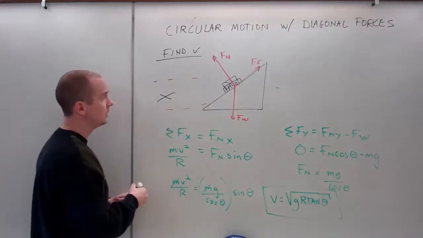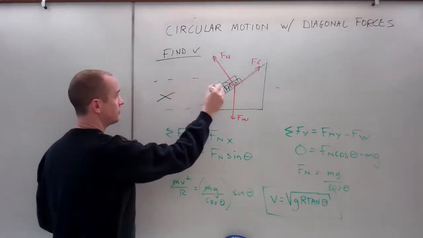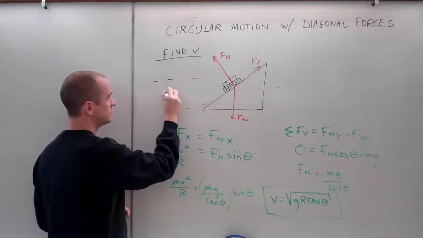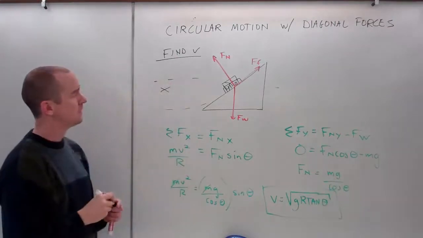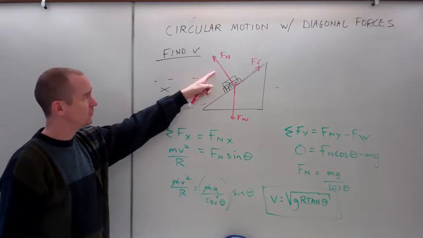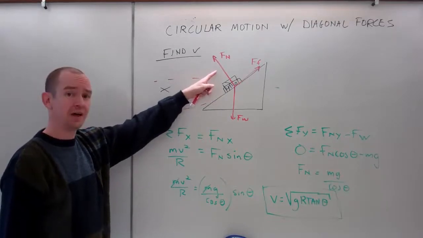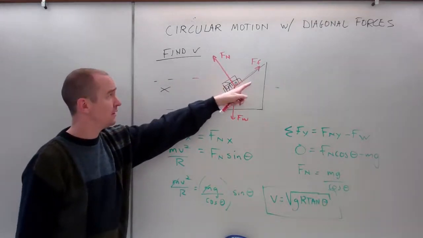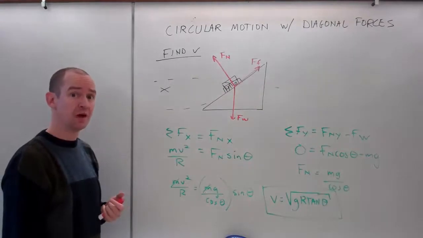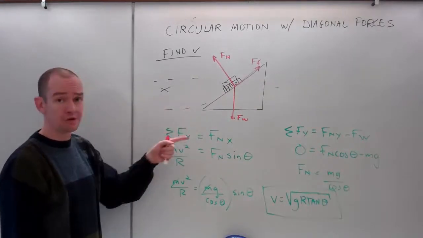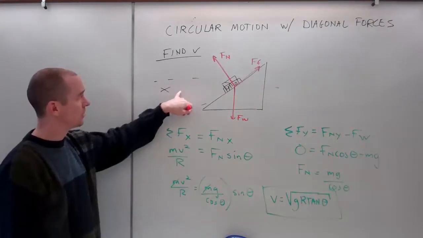We still need a net force towards the center of our circle. Therefore, it looks to me like we'd have Fn and force of friction, or parts of them, pointing towards me or away from me in the radial direction.